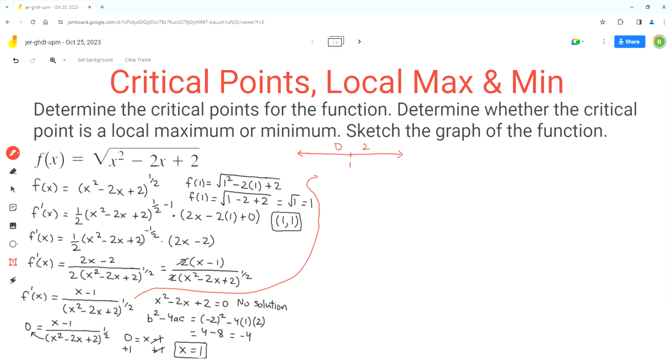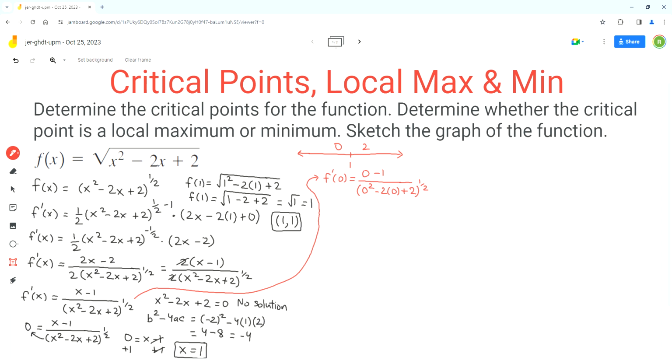So we'll start by subbing in x as 0. So prime of f at 0 equals, so 0 minus 1 over then 0 squared minus 2 times 0 plus 2 and then exponent 1 over 2.